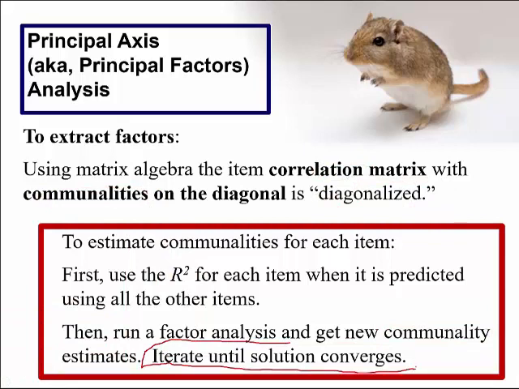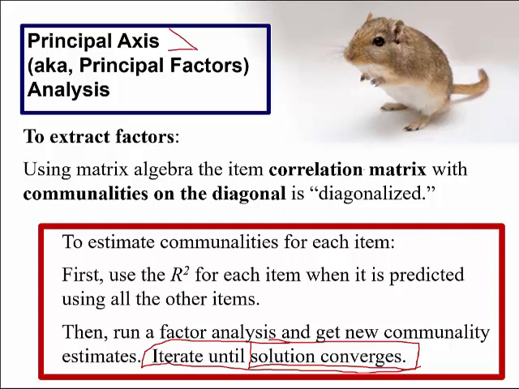In other words, we're going to iterate until our solution converges, till it's not changing from one analysis to the next. And at the point when the solution converges, we stop and say, okay, this is our final solution. So that is how we would go about doing a principal axis factor analysis.